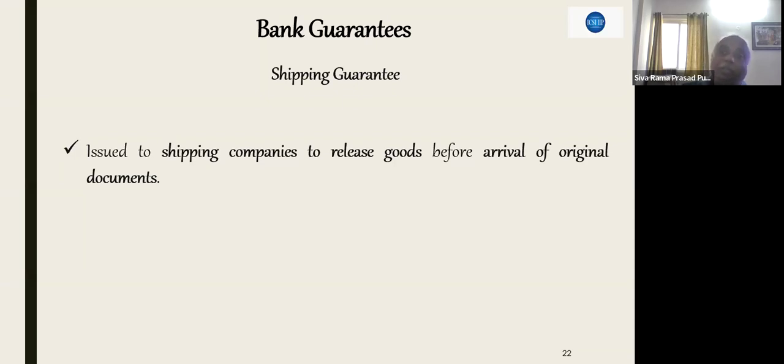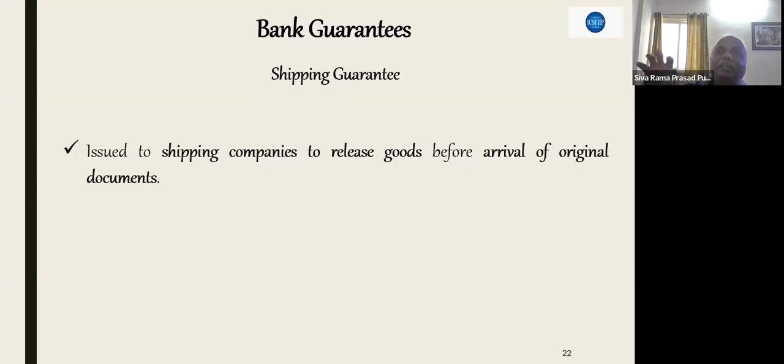So it is issued to the shipping companies to release the goods before arrival of the original documents. All these things are happening in almost all companies that are involved in exports or imports or construction activities, or big cement companies, big iron and steel companies, or big pharma companies.